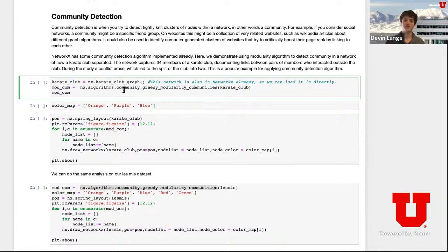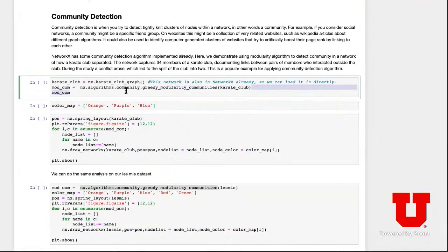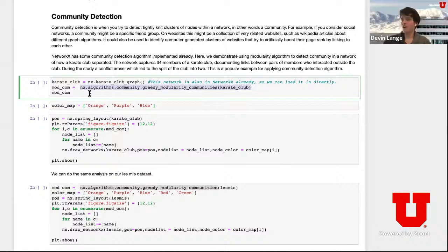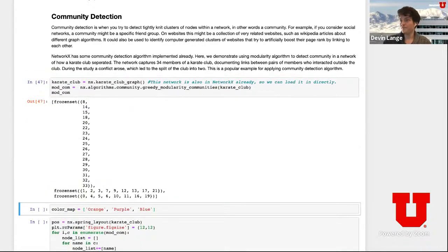There's no exact right answer here, but there are different things that you can do that give reasonable responses. And like all these things, NetworkX has a convenient function for getting these communities.